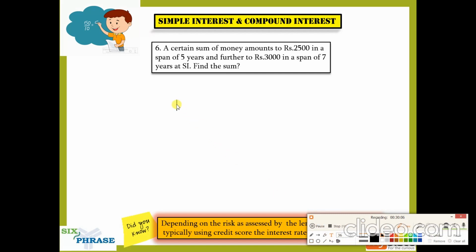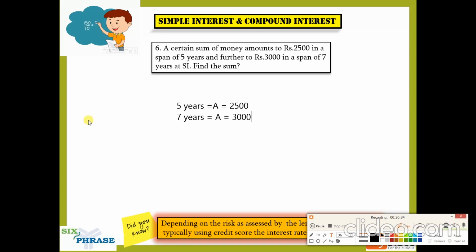At the end of 5 years, the amount A is equal to 2500. At the end of 7 years, the amount becomes 3000. Now the first thing you have to do: they're asking you to find the principal.